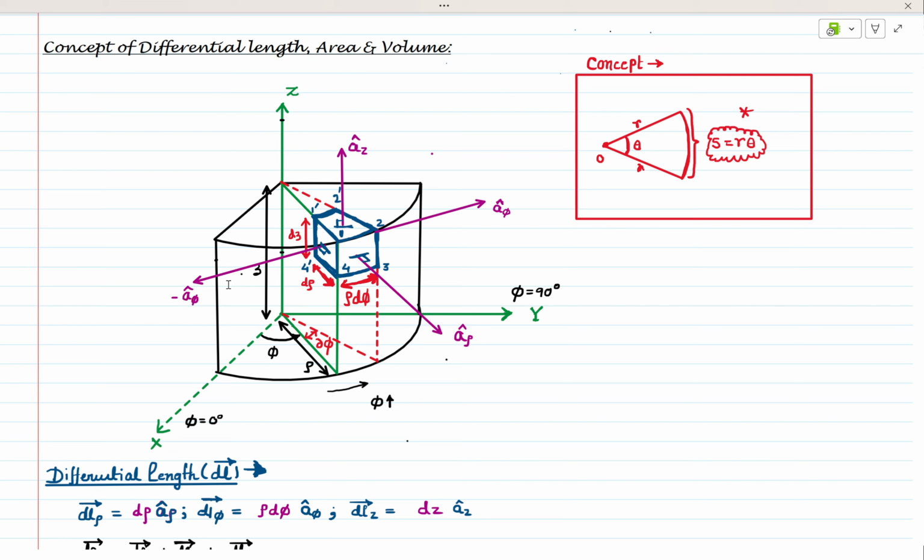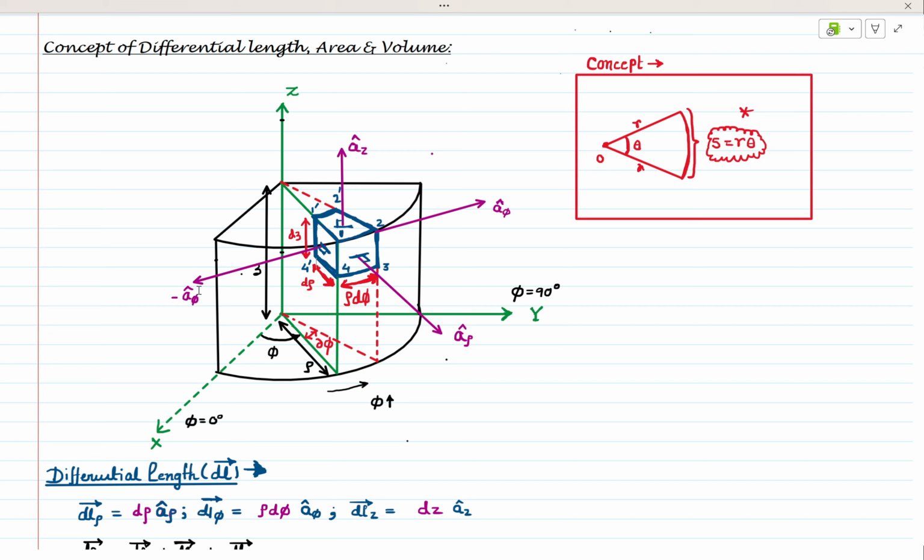Most of the students make a mistake here. Don't write this as a positive phi. This is the negative phi. This is the positive phi. I think you have understood that. Now, if you understood, what will be the direction of this 1 dash, 1, 4, 4 dash?